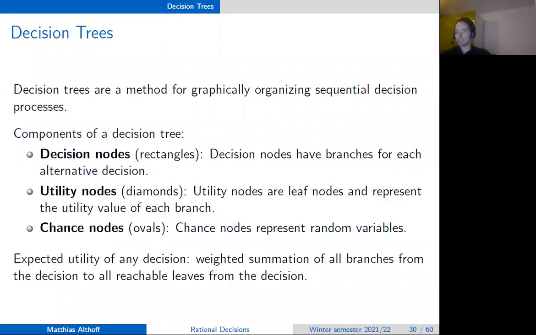What is written here is that if you want to compute the expected utility of a decision, you just sum over all the branches in a weighted way the utilities. In the example I will show you now, it will become very apparent how this works.